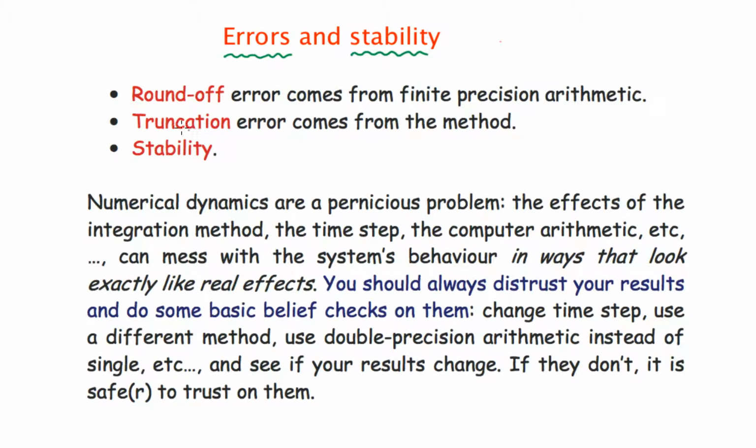And another one is related with the truncation error, which comes from the method. If you remember, in the derivation of any finite difference results for the different methods, the strategy was basically the same, which was using the Taylor expansion.